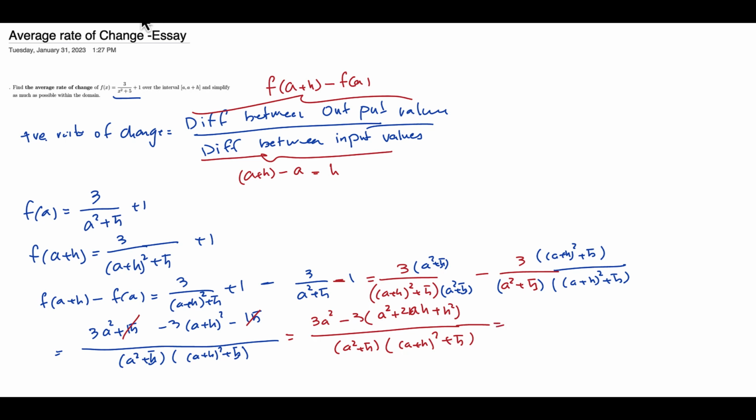I write it on another line: 3a squared minus 3a squared minus 6ah minus 3h squared over (a squared plus 5) times ((a plus h) to the power 2 plus 5). Now things simplify again, these two simplify, and I end up with minus 6ah minus 3h squared over that denominator.